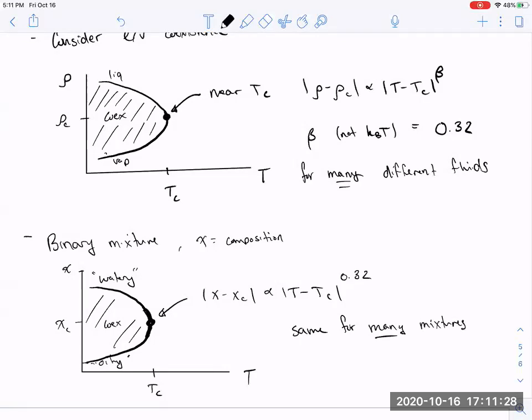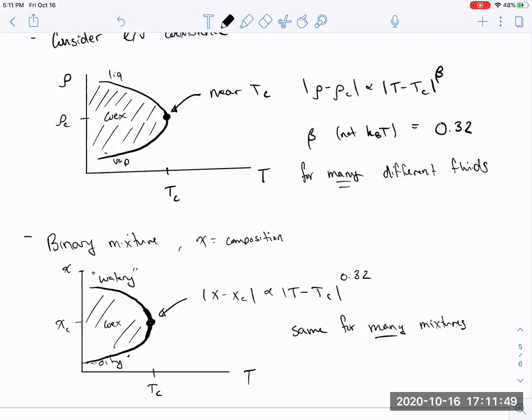All right, that's kind of interesting, but you could say, well, those are just two different sorts of fluid transitions, to which I would say, well, actually it turns out that if I had a solid solution, it works the same way. So say I have silver iodide.